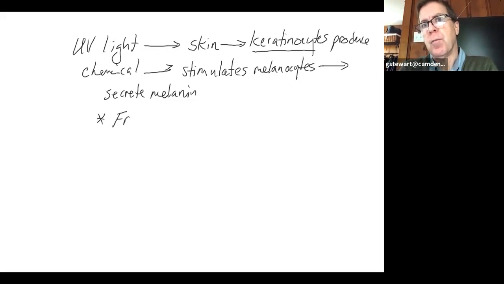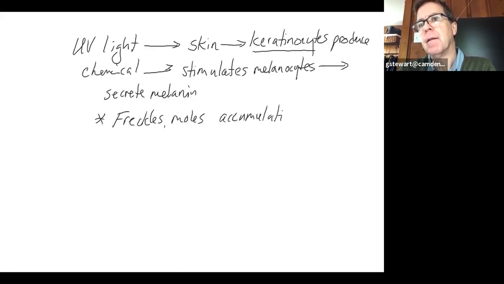Just so you know, people who have freckles and all of us that have pigmented moles, basically freckles and moles are just a local accumulation of melanin. Okay, so that describes everything that I think is important about melanin.